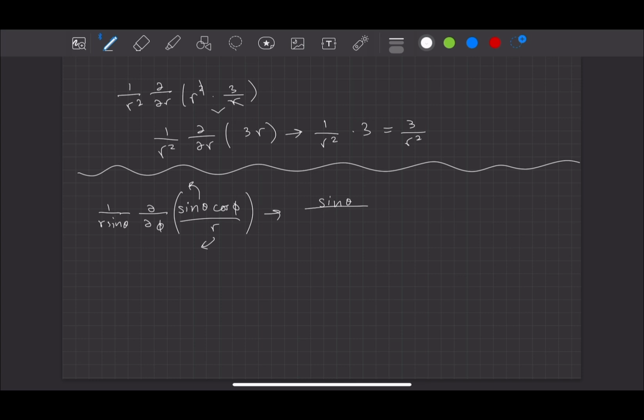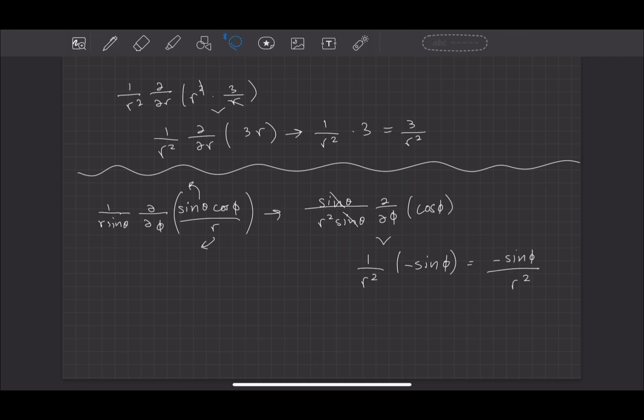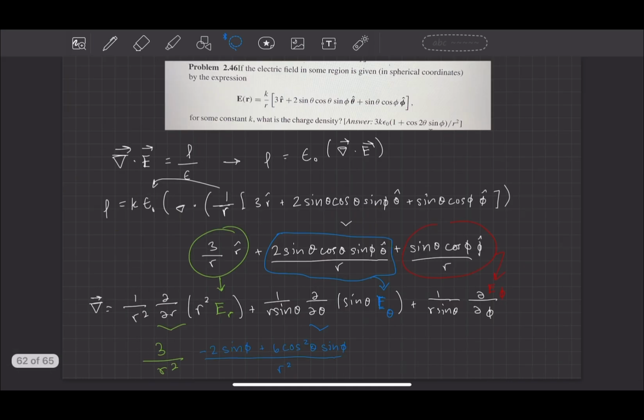And we're left with sine theta over r squared sine theta. And what we're left with is cosine phi in the derivative. And the sine thetas cancel out. And the derivative of cosine phi is just negative sine phi. So that's what we have here. And we can put that into our expression as well.